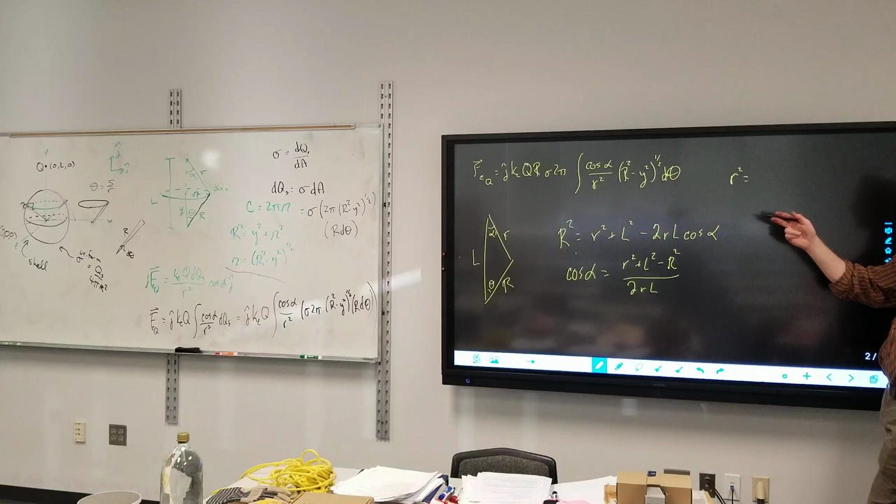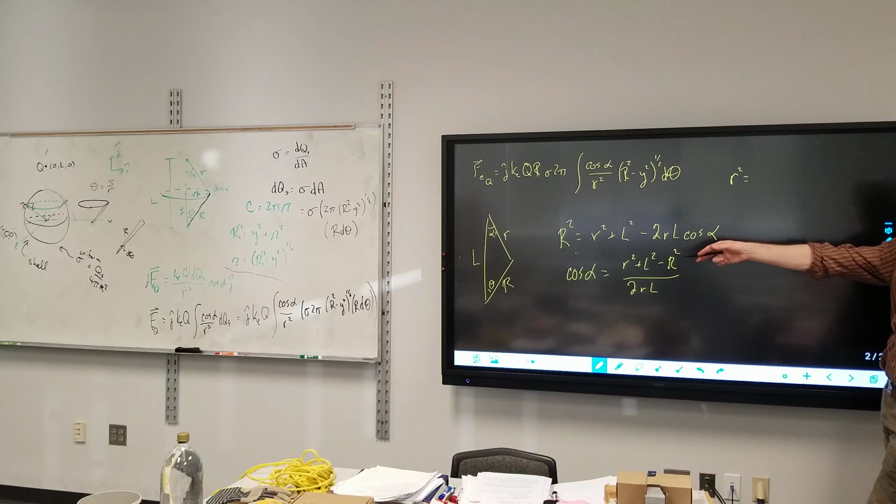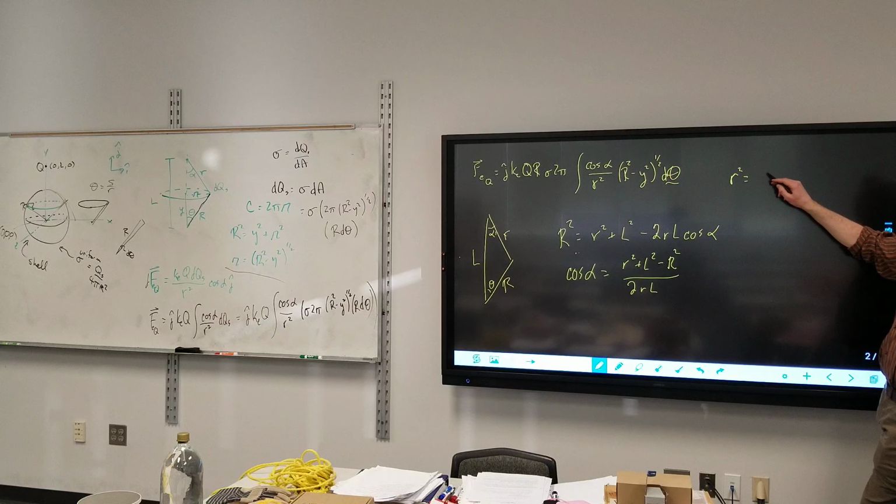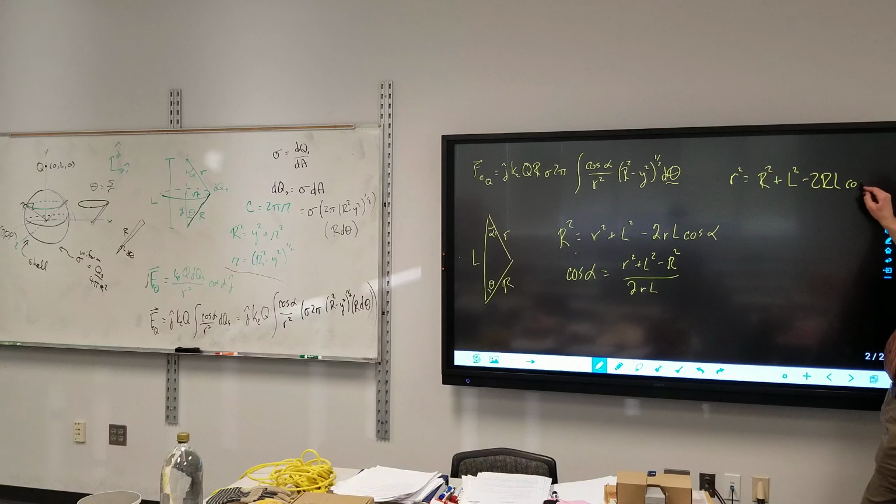And the reason I'm starting with little r squared is because that's the side opposite theta, which I need to do something with because I got a theta right there. Big R squared plus L squared minus 2 big R L cosine theta.